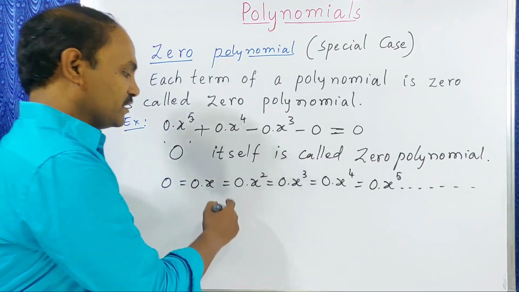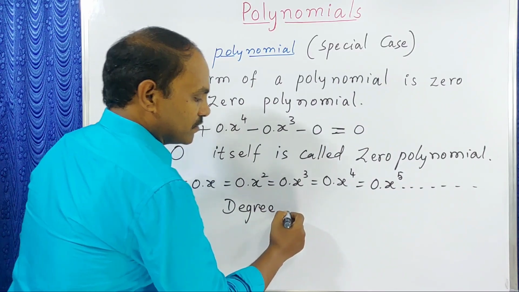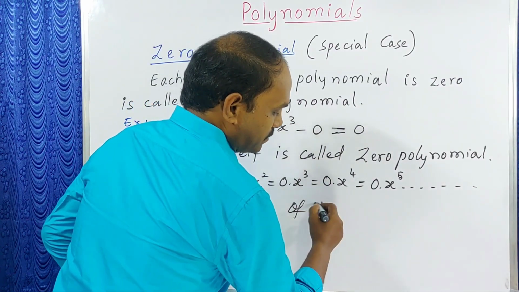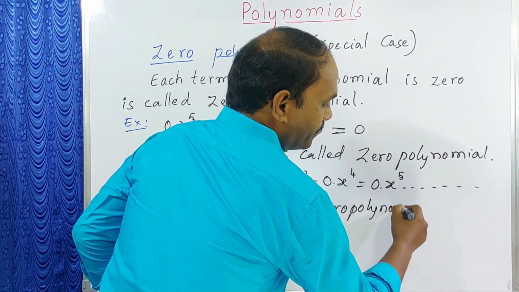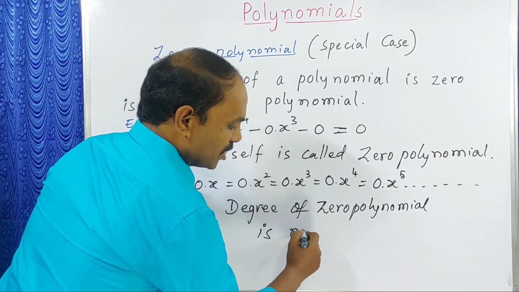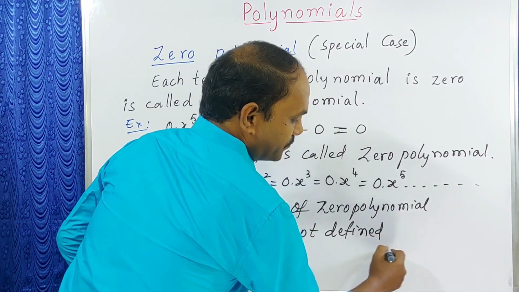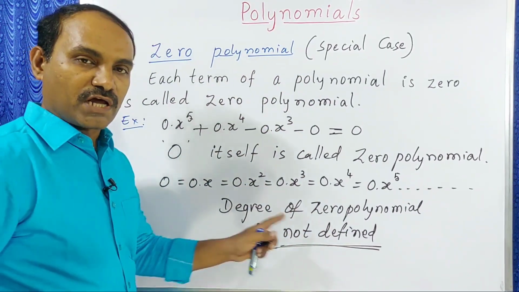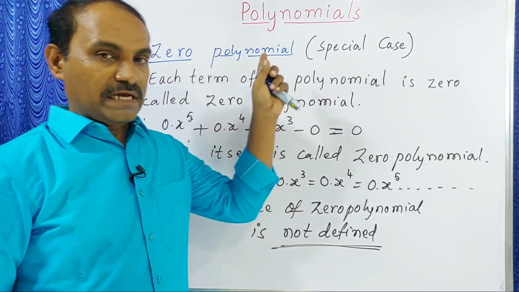That's why the degree of the zero polynomial is not defined. Remember this, not defined.